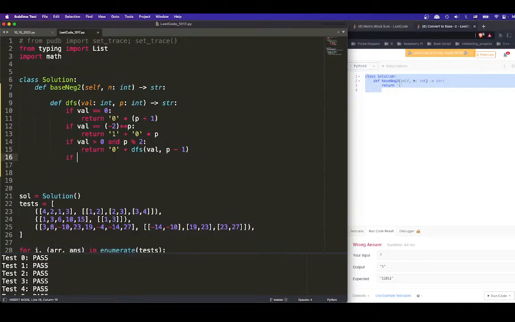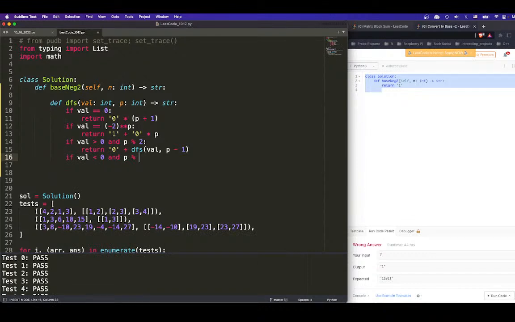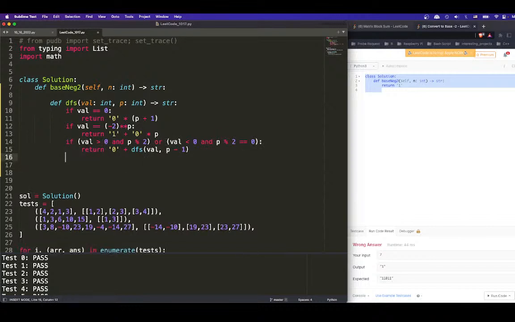If value is smaller than 0 and P is 0, it's even position. If value is smaller, that's not possible. Oh, we can just do this. They will actually both say the same. So if this or this, then we do this. All right. Otherwise, we have to go two situations.